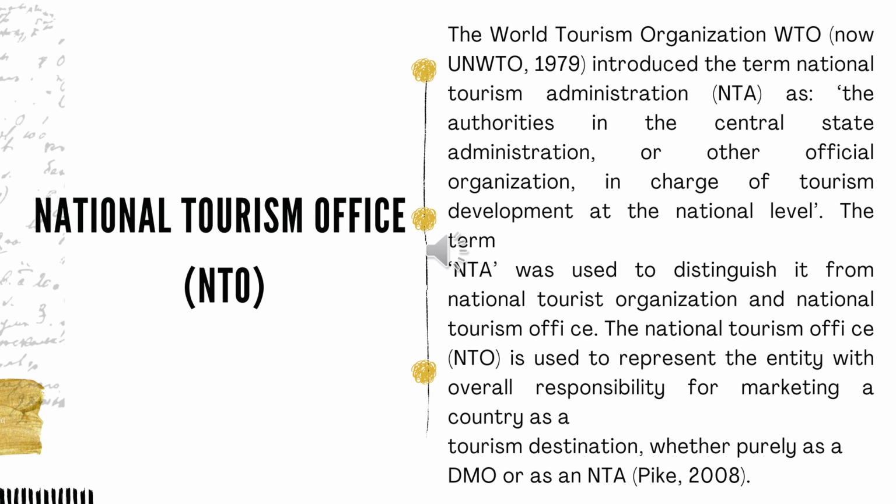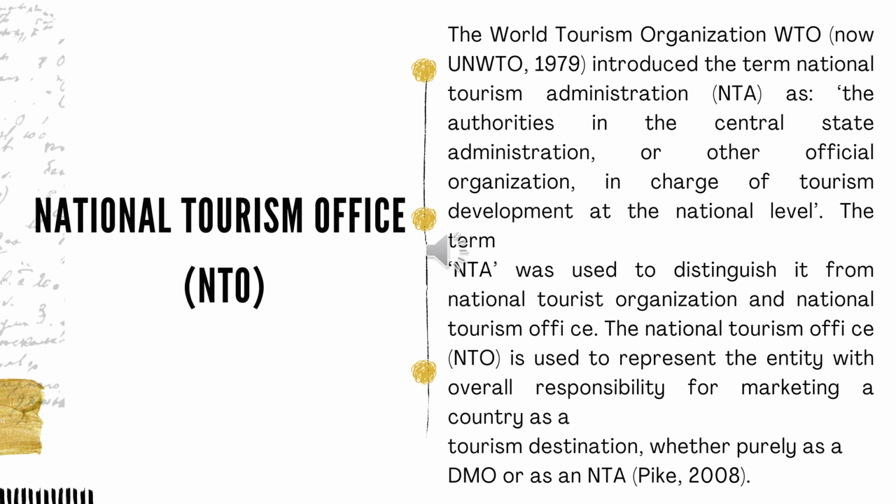So the NTO. The World Tourism Organization, now the United Nations World Tourism Organization, introduced the term National Tourism Administration as the authorities in the central state administration or other official organization in charge of tourism development at the national level.